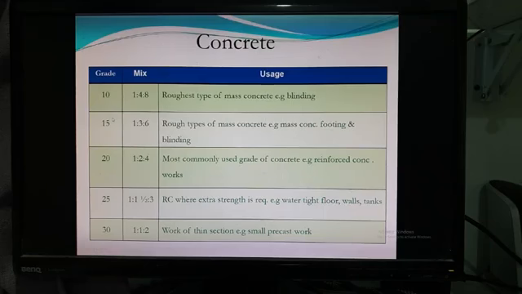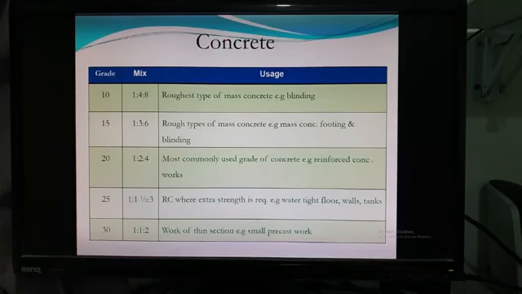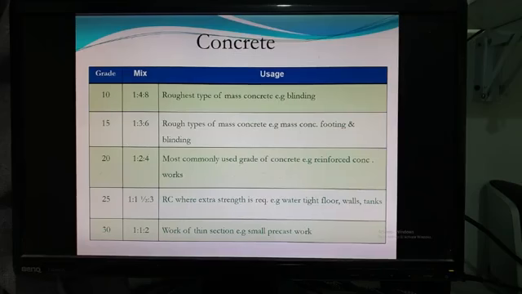Below that, like grade 10, grade 15, you can use it as mass concrete for blinding, for footing, for your ground floor. Even in that case, you must have a relatively sound soil that you are going to pour the concrete upon.